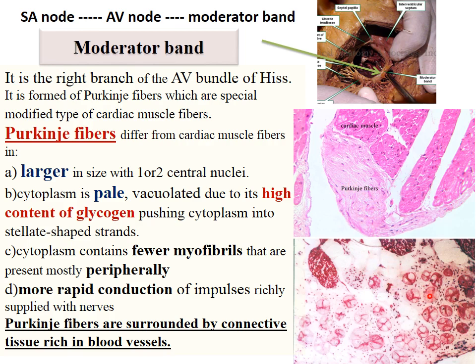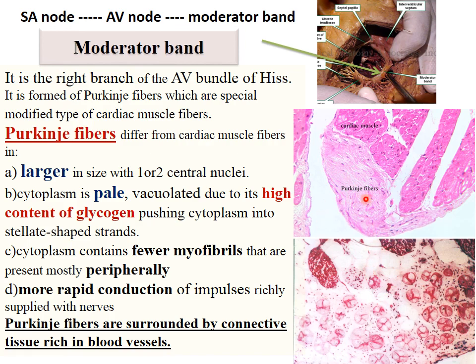Four, more rapid conduction of impulse, rich supply with nerves. Purkinje fibers are surrounded by connective tissue rich in blood vessels.